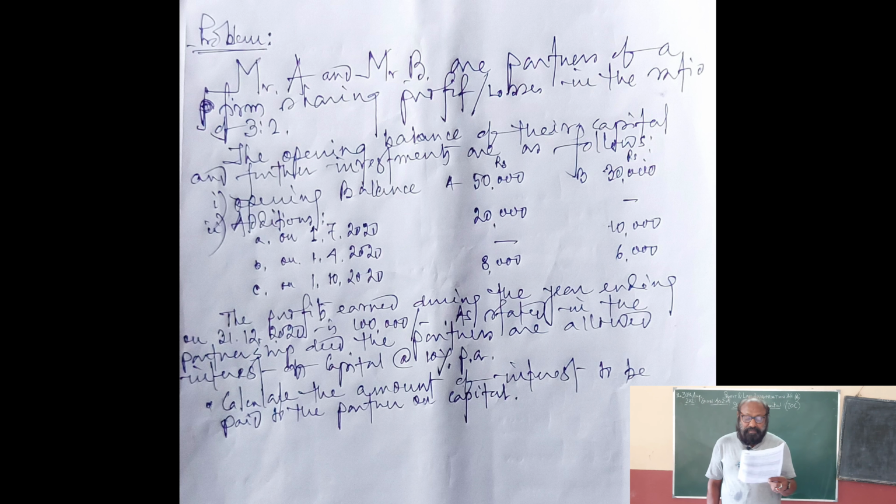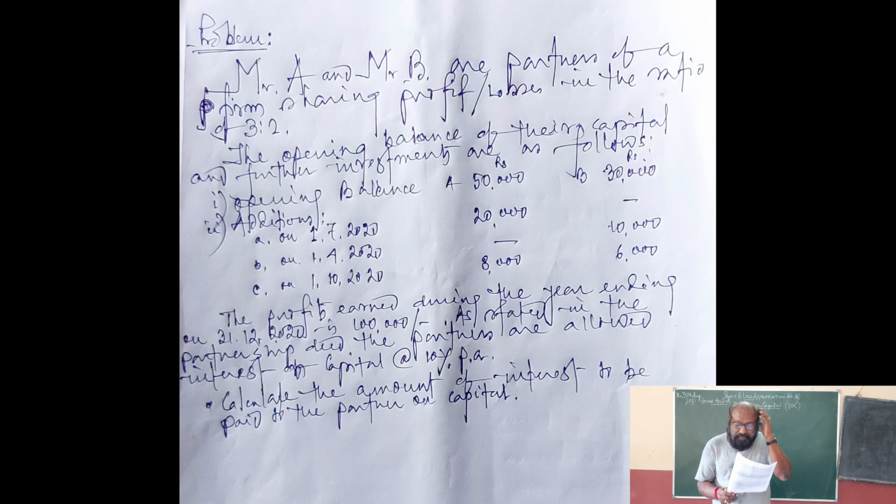The additions made during the year by A on 1/7/2020 is 20,000, and on 1/10/2020 it is 8,000. B has extended additional capital on 1/4/2020, it is 10,000, and on 1/10/2020 it is 6,000. So these are the different investments.